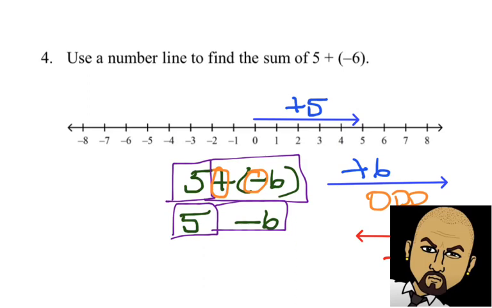We already did our first term of positive 5, which is adding 5. And now our next term is negative 6, so we're going to go to the left 6. So from positive 5, we're going to go to the left 6, which is subtracting 6, and that leaves us at negative 1. So 5 plus negative 6 is the same as 5 minus 6, which leaves us at negative 1 on the number line.